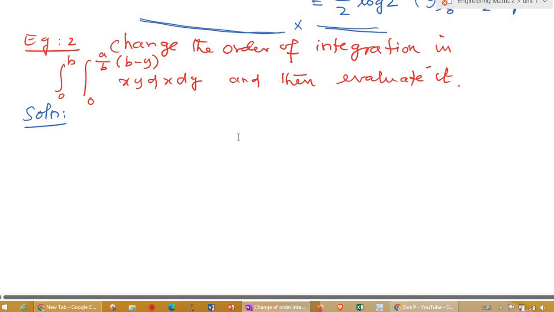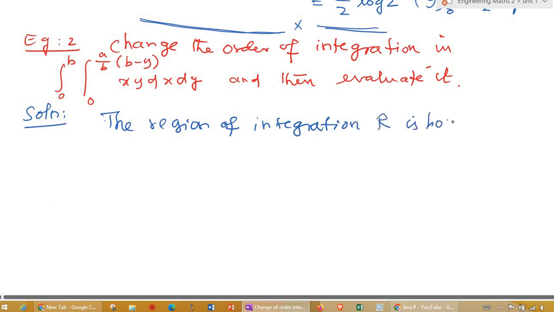What is the first step? First step is you have to identify the shapes in the limits. Okay, so write the region of integration. The region of integration R is bounded by, can you tell me, the lines.